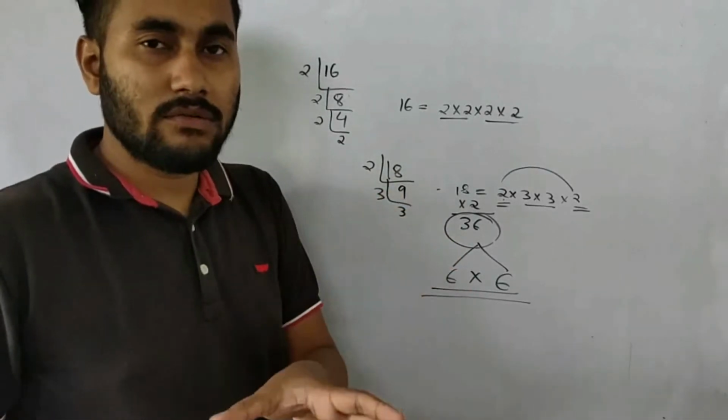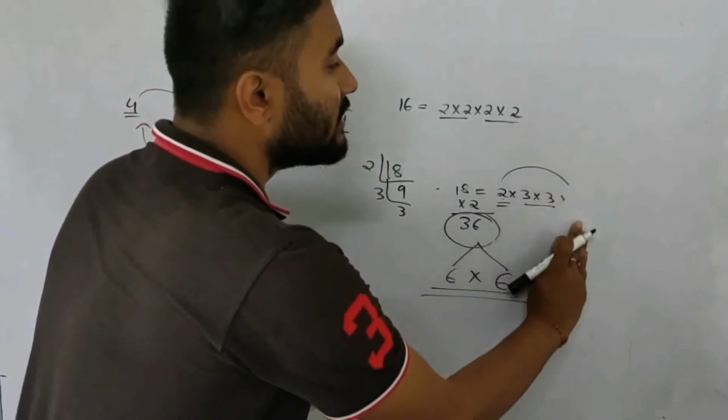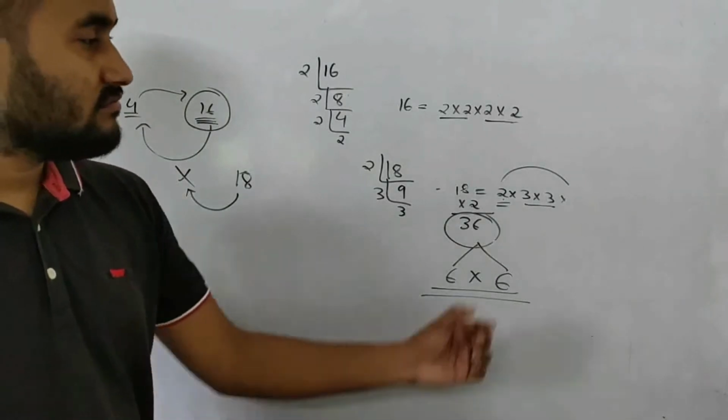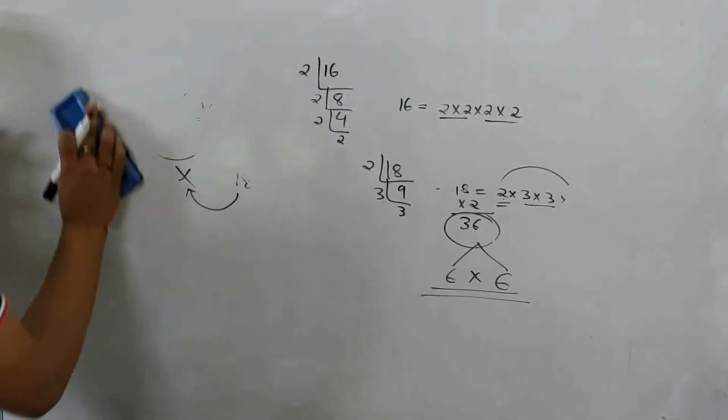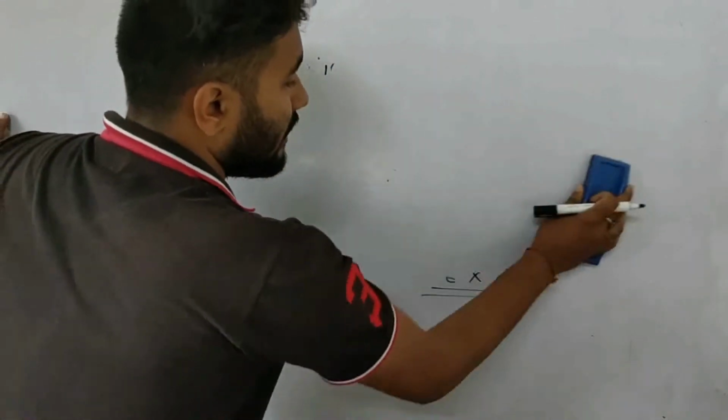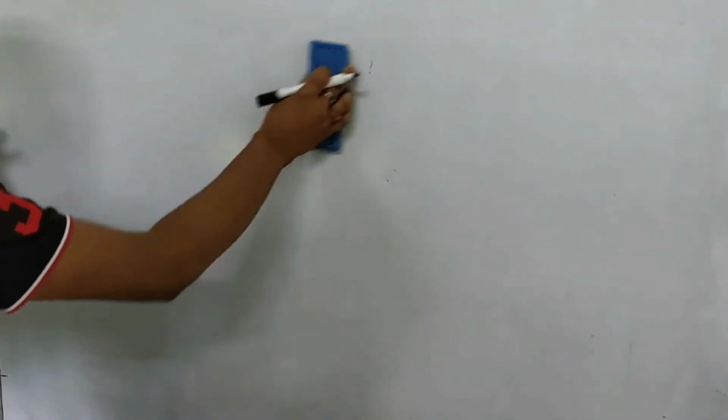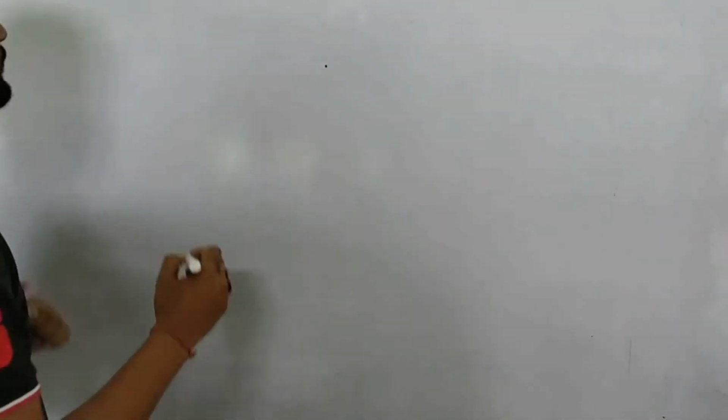Like in 18, this 2 was not paired, so it is not a perfect square. Understood? So we will check like that. If it is in pairs, then it is a perfect square, and if it is not in pairs, it is not a perfect square. And one more thing you should remember: by prime numbers only we can do this. Understood? Okay, let us see exercise 3.1.